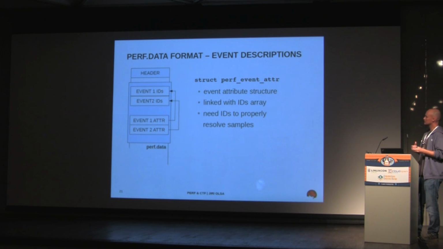For each event, we store the perf_event_attr value, which is the structure that goes to the syscall. So this is the link. Basically, for each event type we store the structure and the IDs of the events, so later on we can resolve the samples, the data from events.